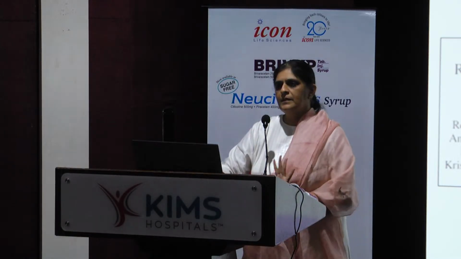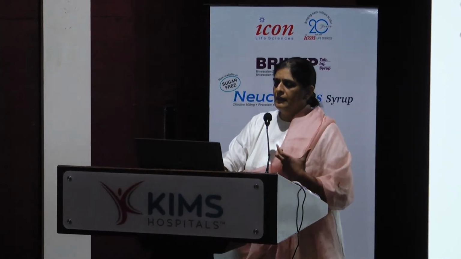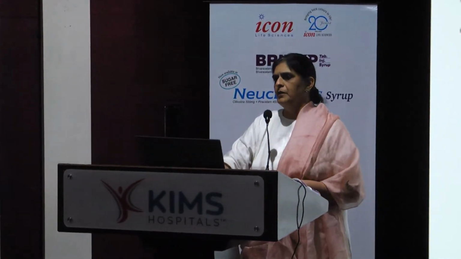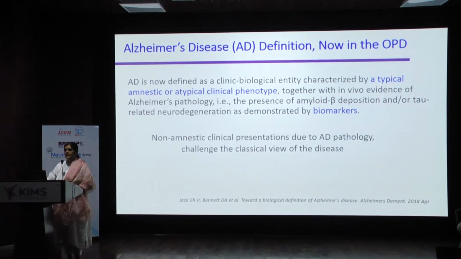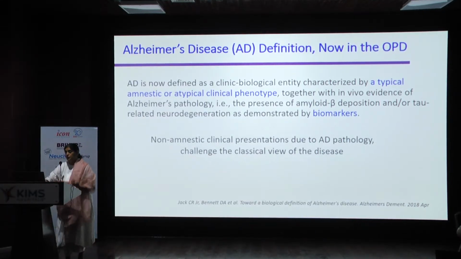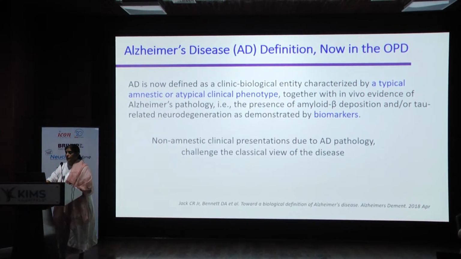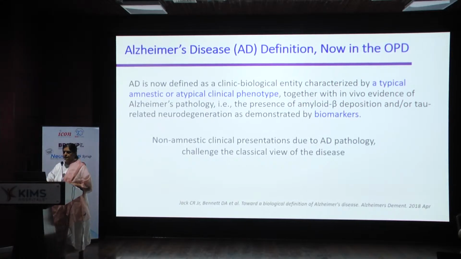Today, you can present clinical MRI, amyloid and tau pathology, and these amyloid PET biomarkers. Alzheimer's is a clinico-biological entity. Like saying stroke: right hemiplegia versus stroke, where diffusion MRI is showing, MR angio is showing occlusion, then only you call it a stroke, right? Like that, today dementia is also a biological entity.